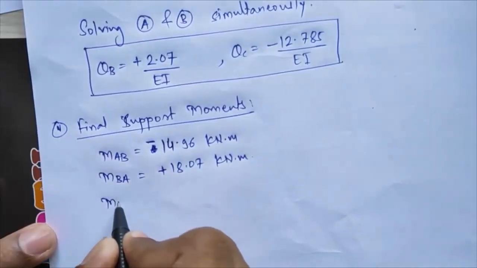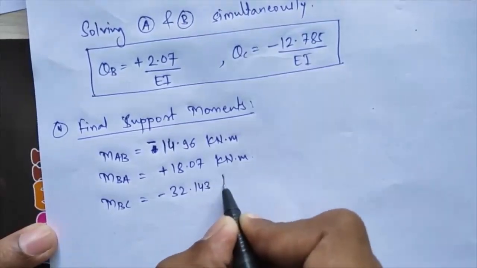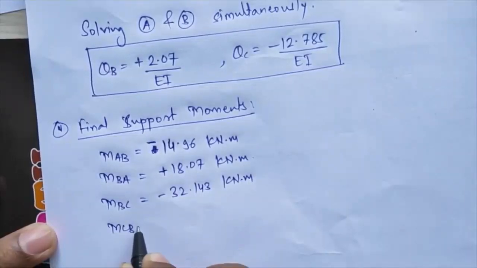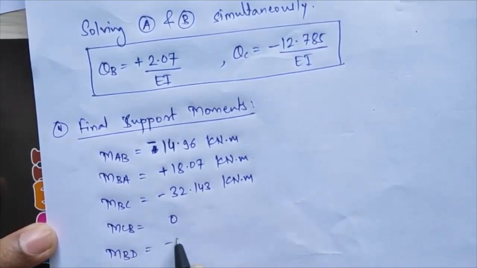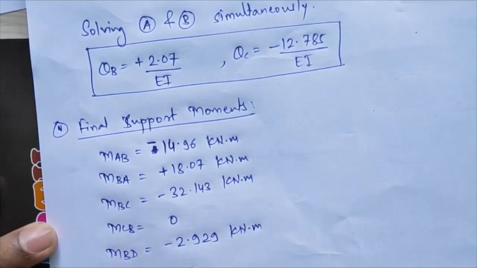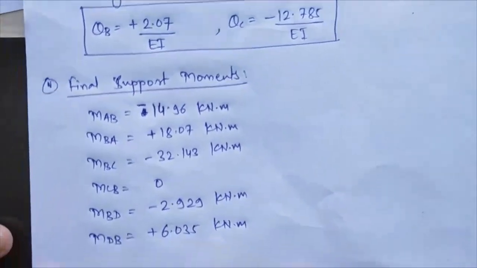Next, MBC you'll get as minus 32.143 kilonewton meter. Next, MCB you'll get as 0. Next, MBD you'll get as minus 2.929 kilonewton meter, or you can say 2.93 also, and MDB you'll get as plus 6.035 kilonewton meter. I have written the values directly.